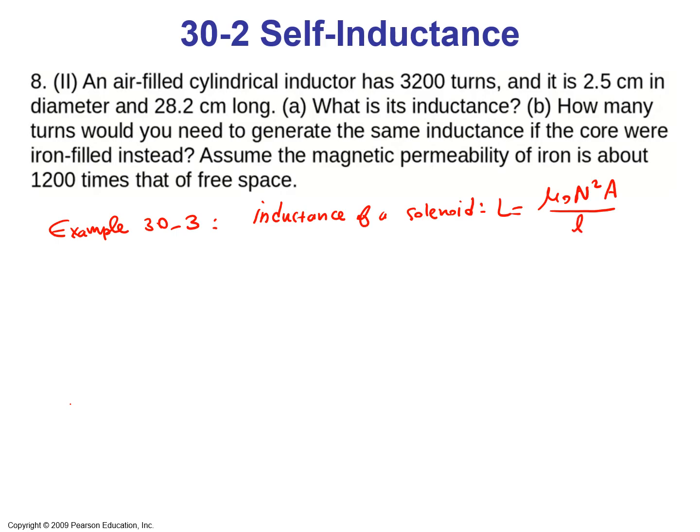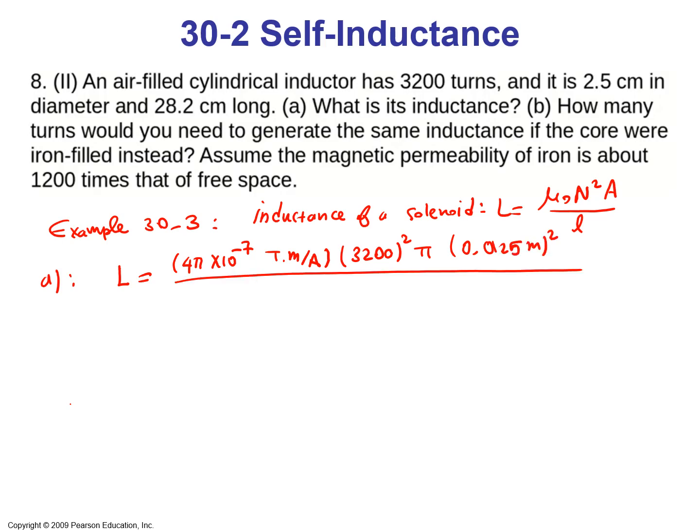So, let's plug in the values for part A. The inductance of the solenoid is given by 4 pi times 10 to the power minus 7 Tesla meter per ampere times 3200, which is capital N, squared, times pi times the radius, 0.0125 meter, squared, divided by 0.282 meter.